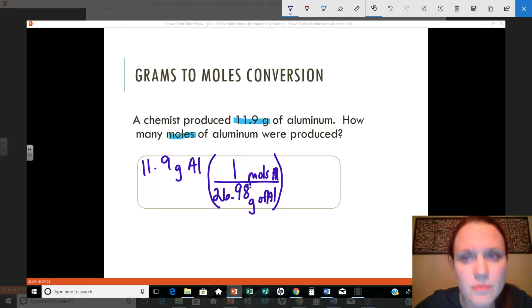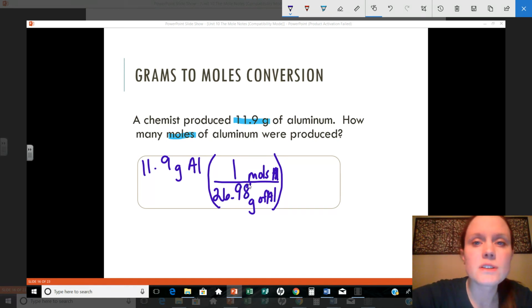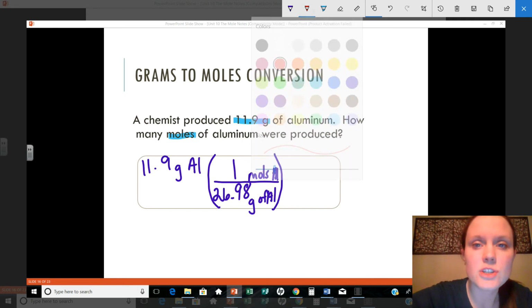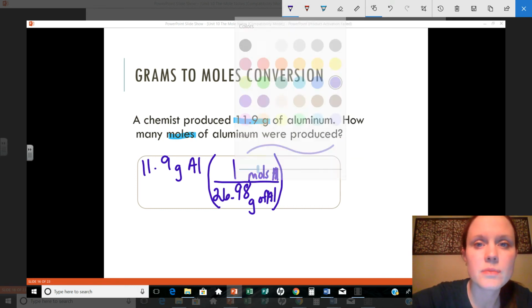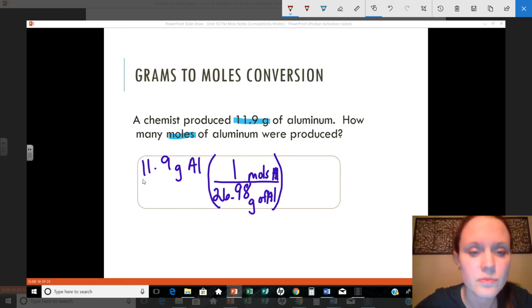Now let's go through and do our multiplication, cross out our units. Grams of aluminum and grams of aluminum will cancel.